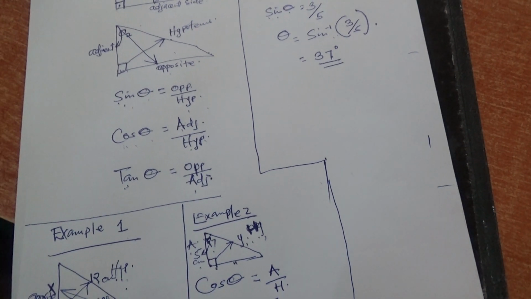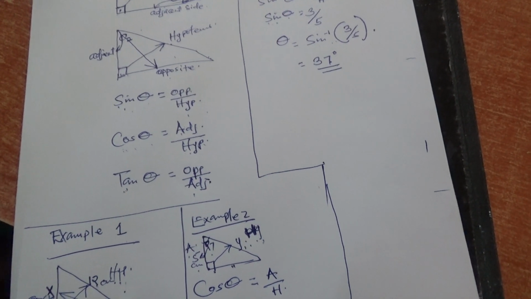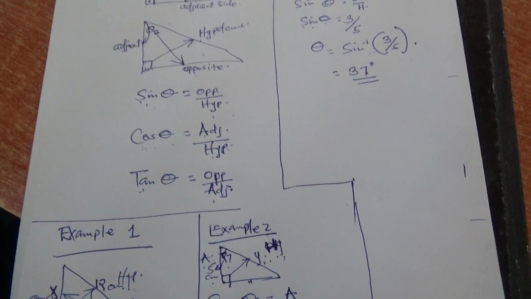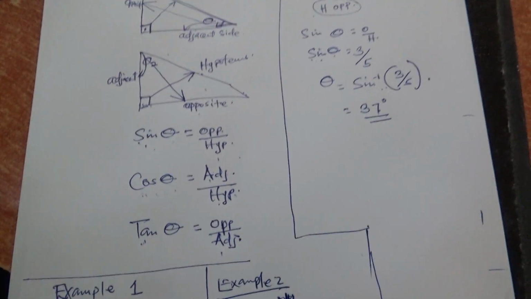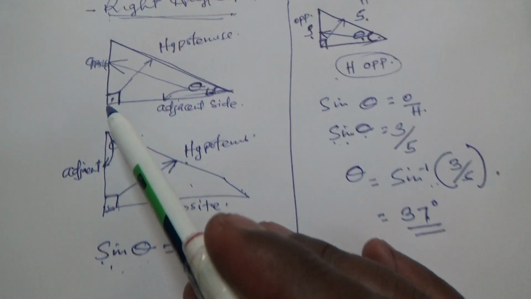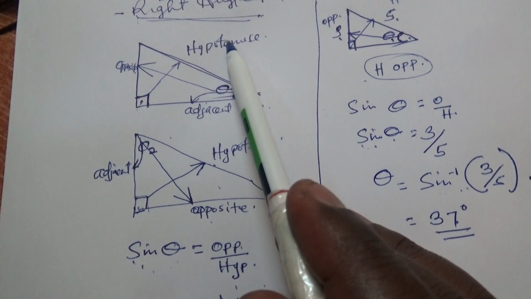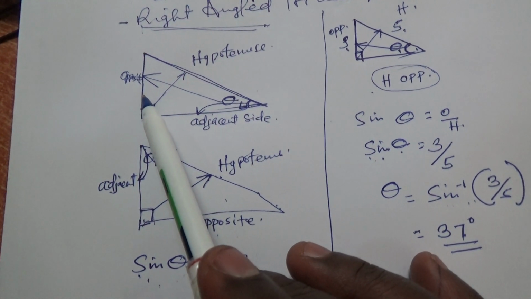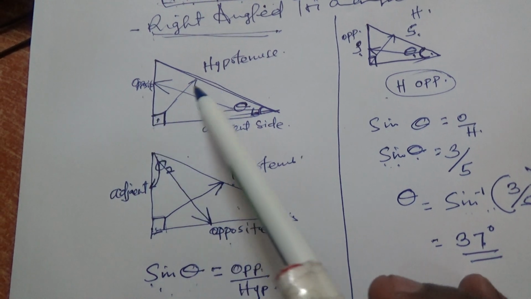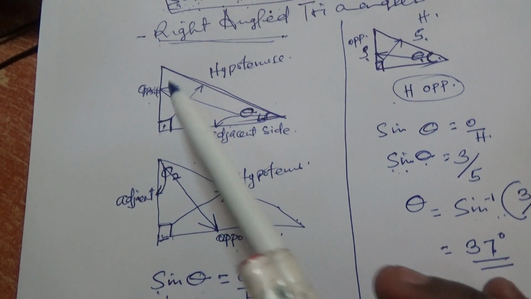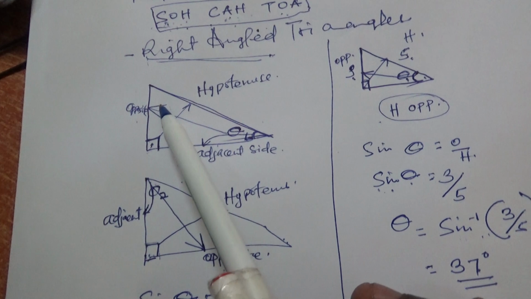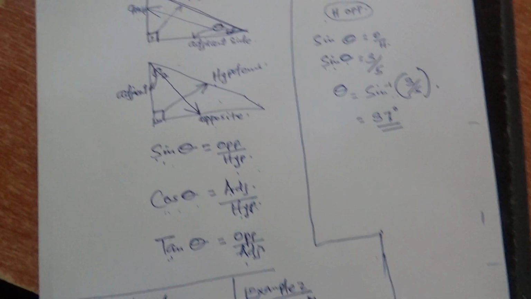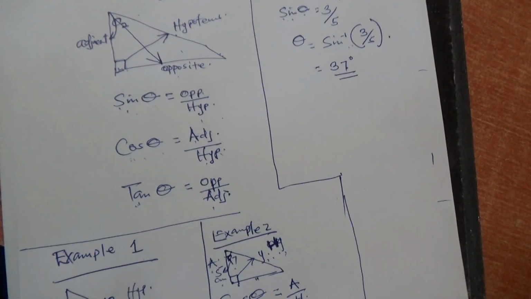That is 1. 2, you must identify the right angle, and the side that is directly opposite the right angle is the hypotenuse, and then the adjacent and the opposite sides vary depending on the position of the angle that you're putting under consideration. All right, so that is how trigonometric ratios function.